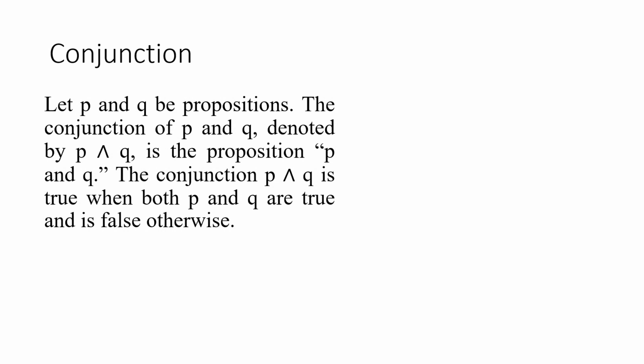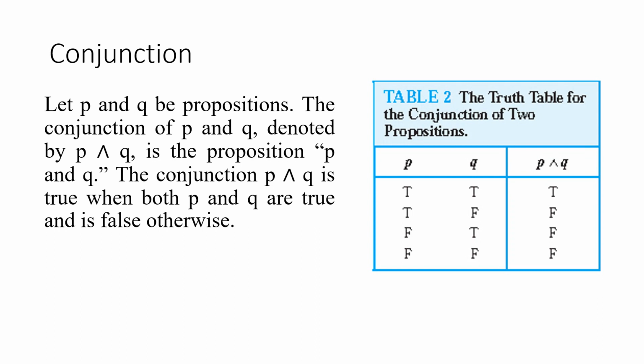The conjunction of P and Q, denoted by P with this symbol, can be read as "P and Q." The conjunction P and Q is true when both P and Q are true and is false otherwise. So this would be the truth table of the conjunction of two propositions.